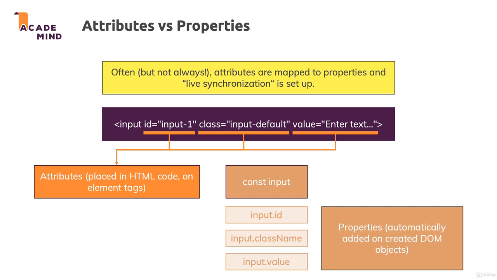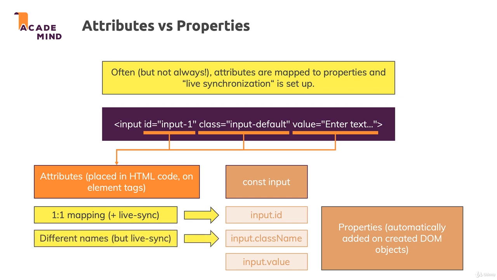Now here it's important to understand that not every attribute has a one-to-one mapping in properties though. Input ID has it. There we have an ID attribute and an ID property. And if we change the value of the attribute, the property updates. If we change the value of the property, the attribute will update. So we have some live synchronization going on here. Input class name is different.